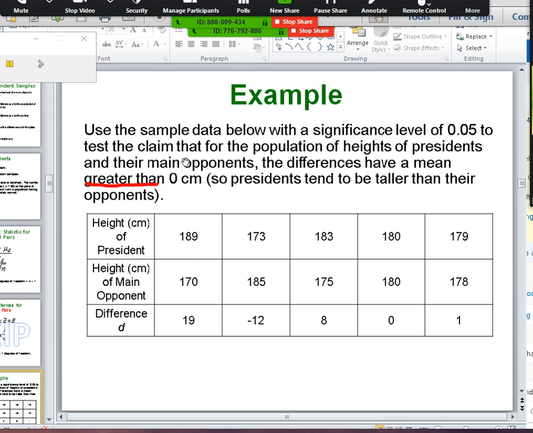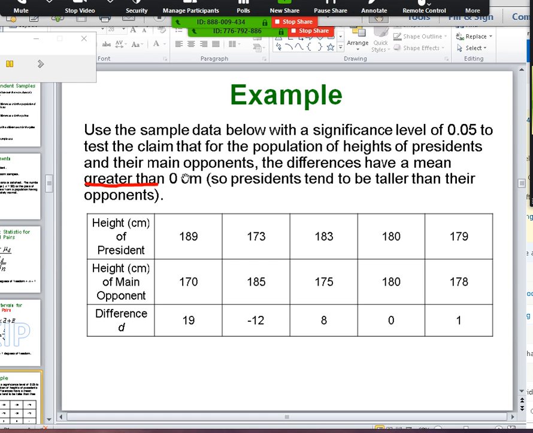Okay, perfect. So now we're going to look at the claim. The claim is about the heights of the presidents, these differences. If you take the president and subtract their opponent, mu1 minus mu2, the differences are going to be greater than 0.